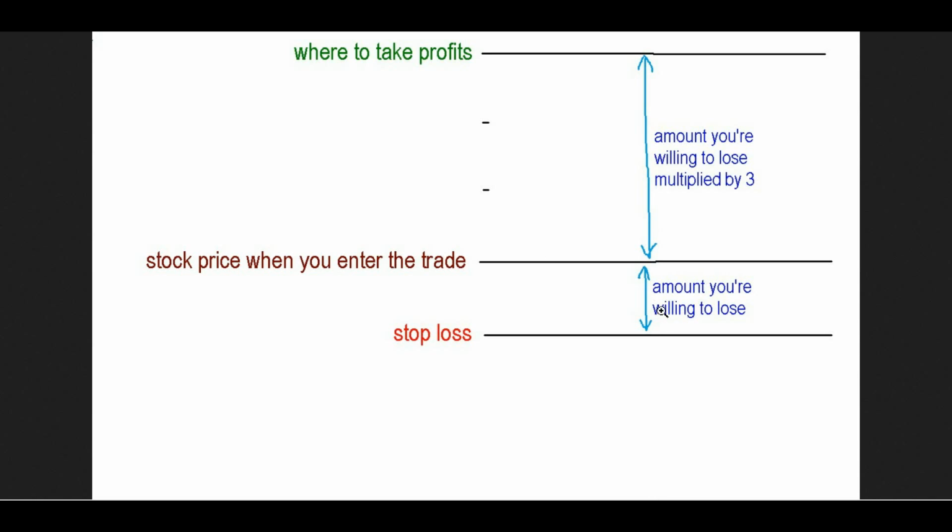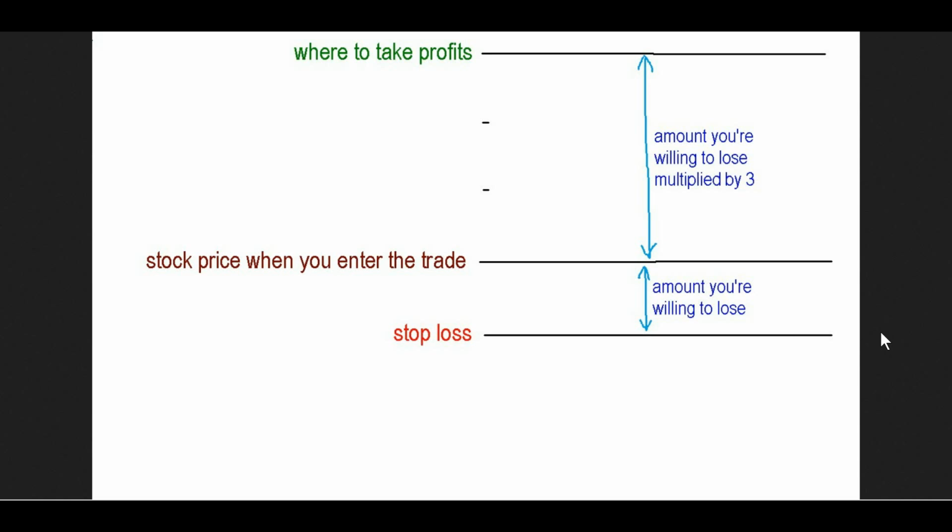So you take this and you put it down here, and you take this and you put it up here. So your stop loss is here, your profit target is way down here, three times as wide as your stop loss above.